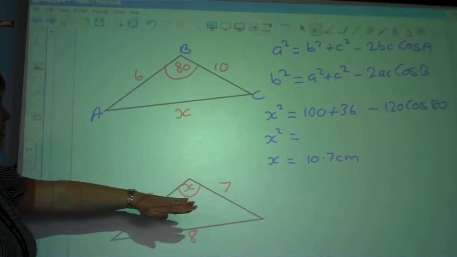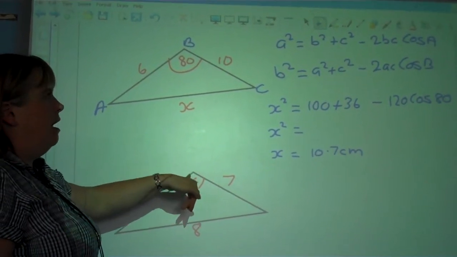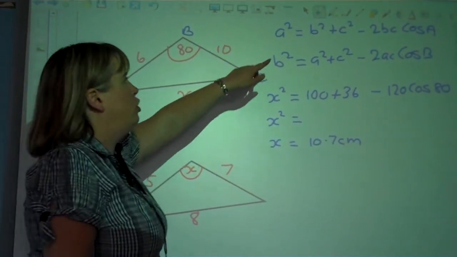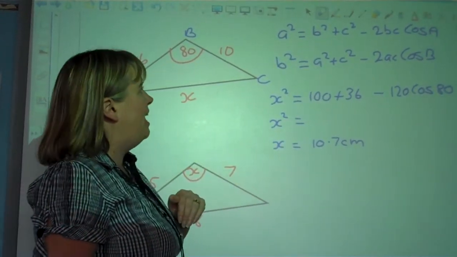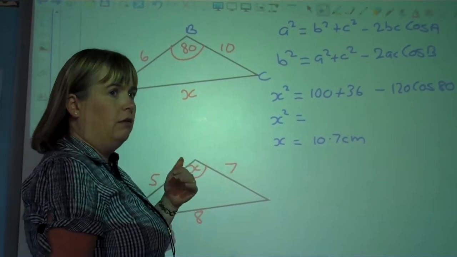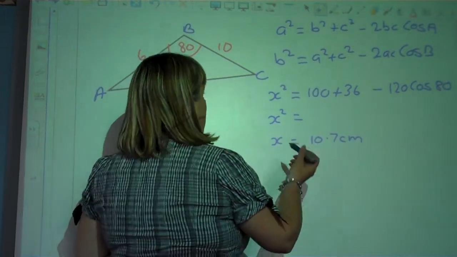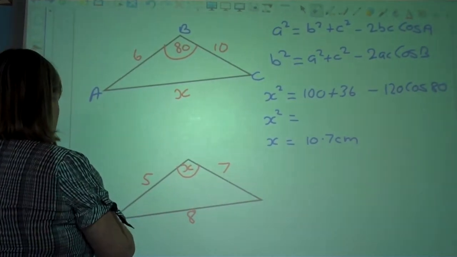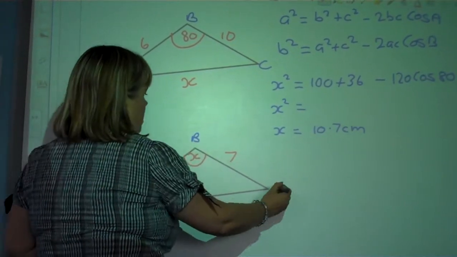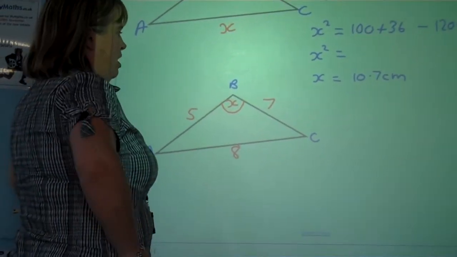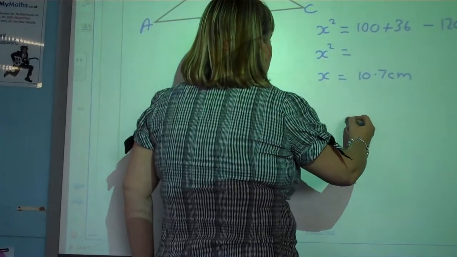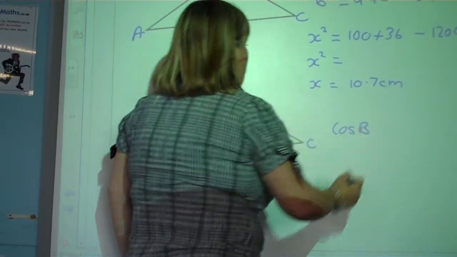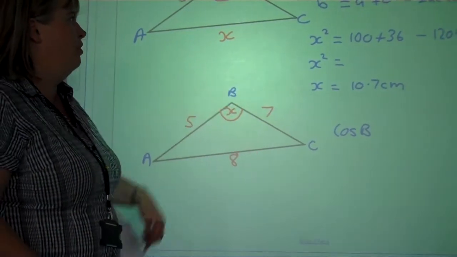Yeah. Okay, now this one here, you're trying to find an angle. So you've got to rearrange this formula here so that you've got the angle at the beginning. Okay, so if I label it up, A, B, C. Okay, let's have a go at this. Cos B is what I'm going to want there, isn't it?